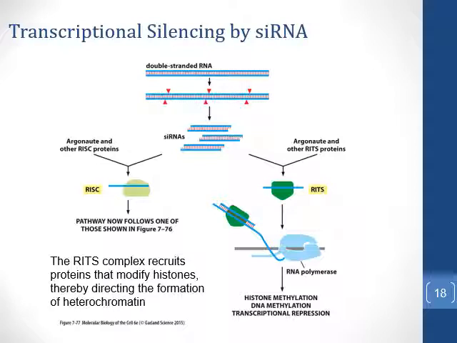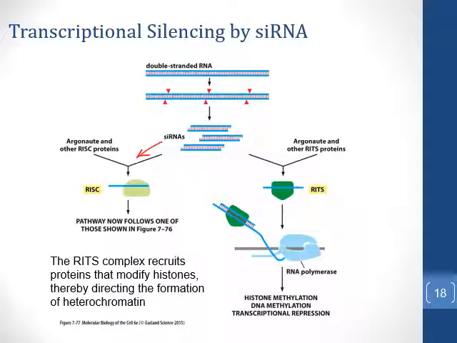But they're a little bit different than the microRNAs. They can be incorporated with Argonaute and other proteins to form a RISC complex. If they're incorporated into a RISC complex, then we've already seen what can happen. We're going to get degradation of that mRNA, or if you don't get perfect base pairing, repression of translation.